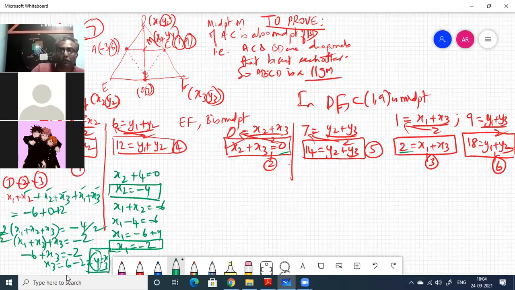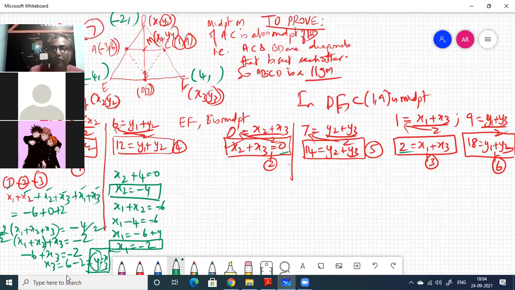So the 3 points for D: x1 is minus 2 comma something, x2 is minus 4 comma something, and x3 is 4 comma something. Let us see what that will be. Now you have to get y1, y2, y3.